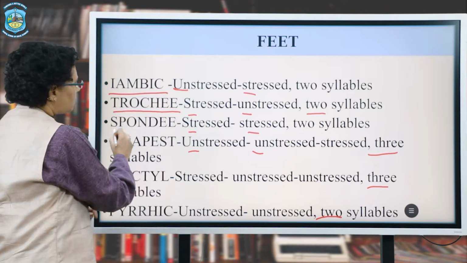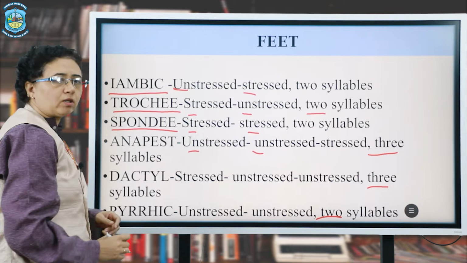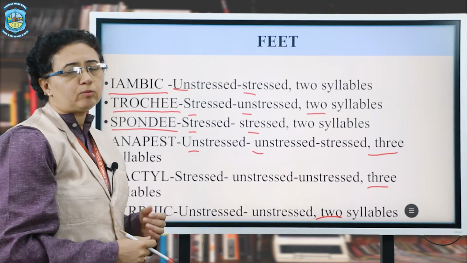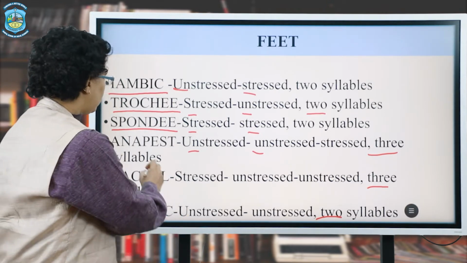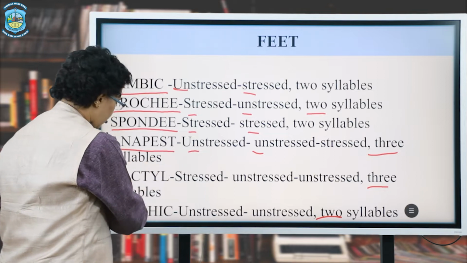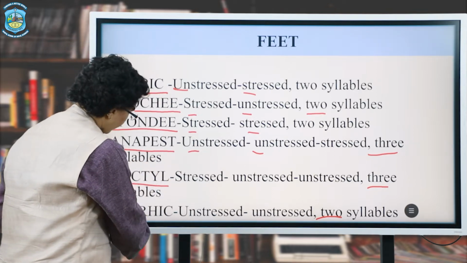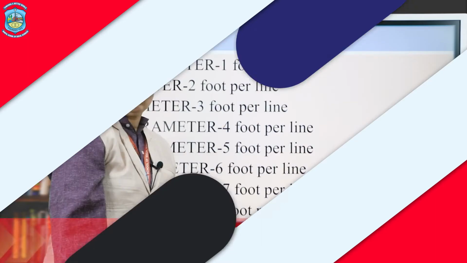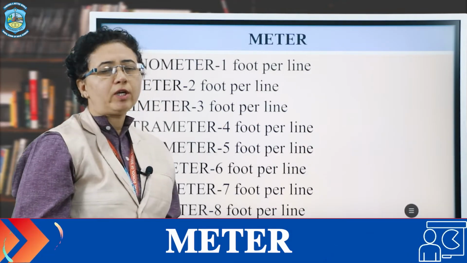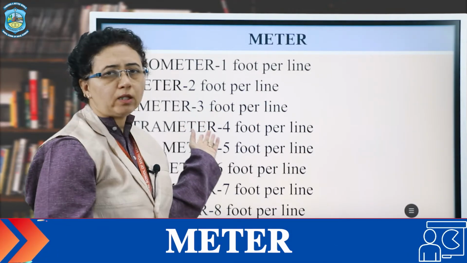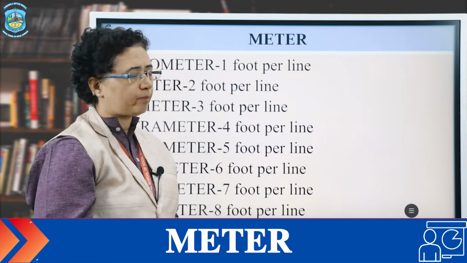Now out of these, the iambic is the most famous one, rather the most common one, and iambic pentameter is what generally people know about. Now after speaking about the foot, we also need to know about the meter and what are the various names given to it.